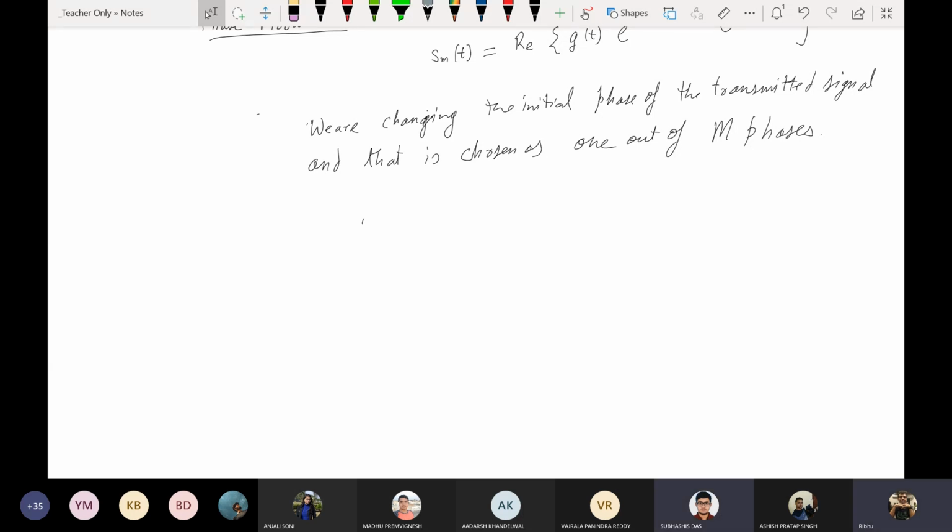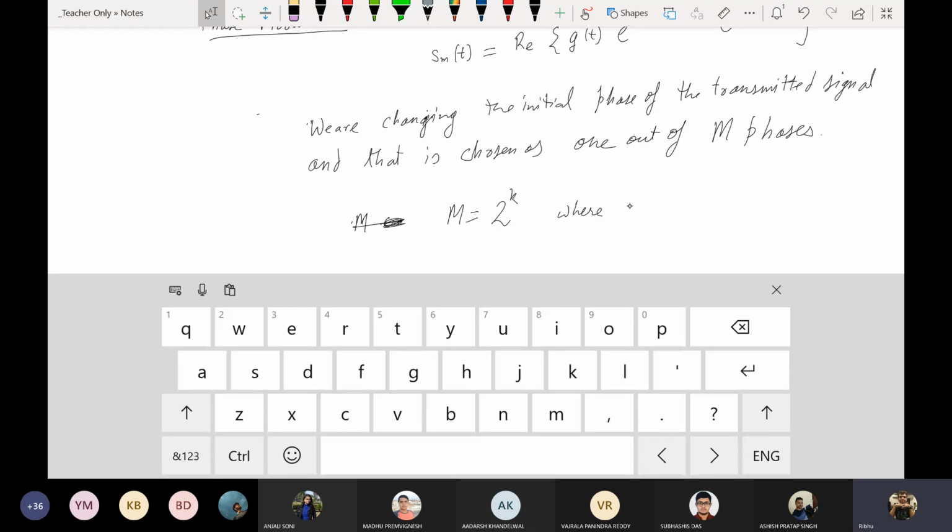So we are changing the initial phase such that it is one of the M phases, and M equals 2 to the power k, where we group bits into chunks of k, so one symbol is equal to k bits.